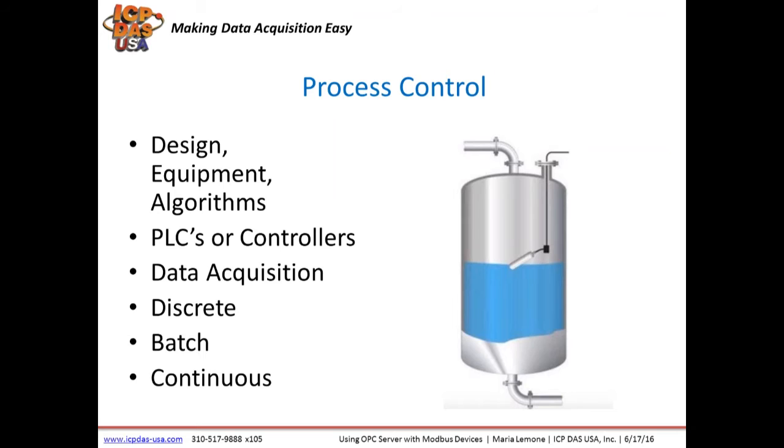Discrete process control also includes motion and packaging type applications. Batch process control is used where you combine specific amounts of raw materials for specific amounts of time for production of products like glue. Continuous process control is where the system is ongoing, like wastewater treatment, chemical manufacturing, and plastic production.